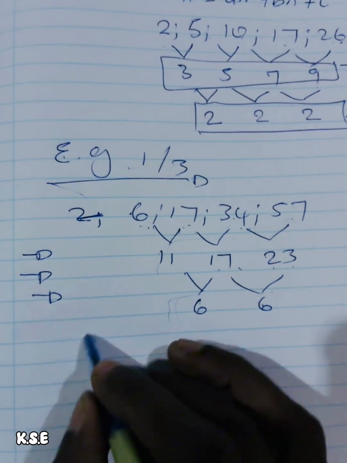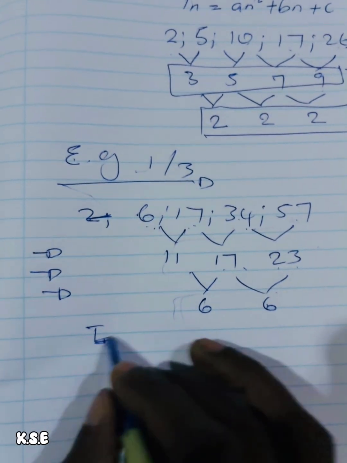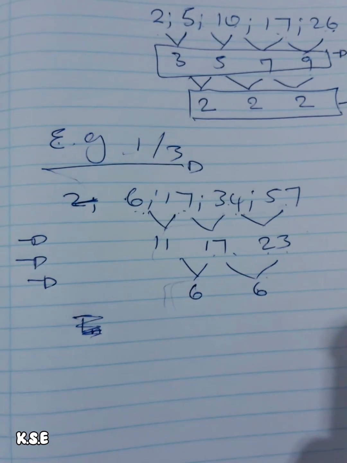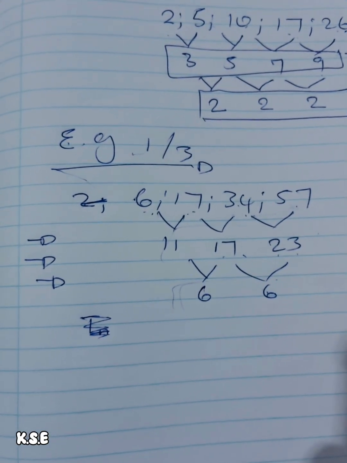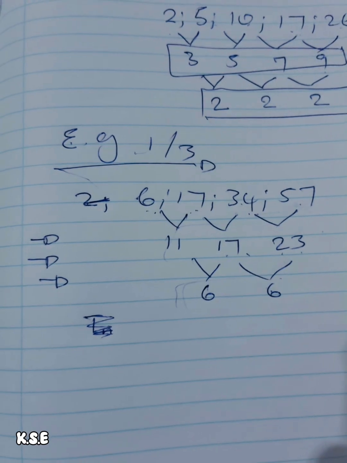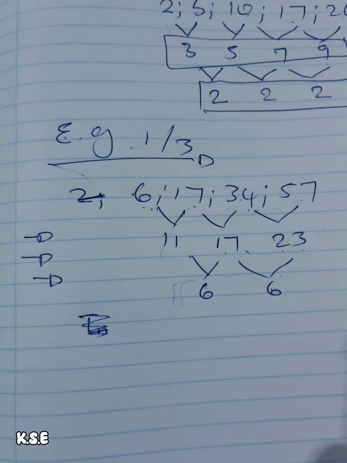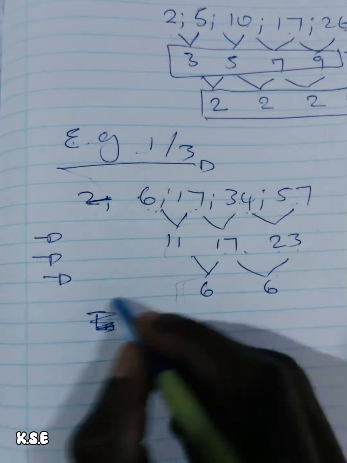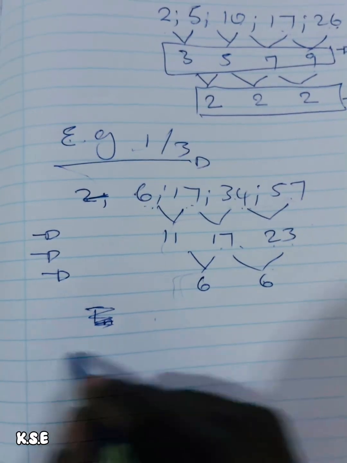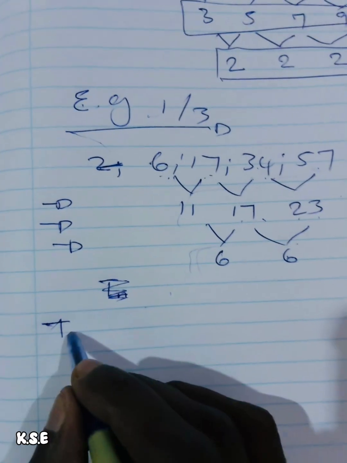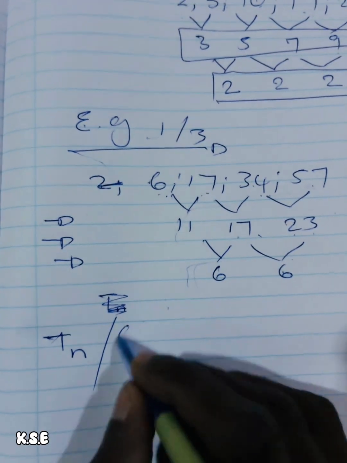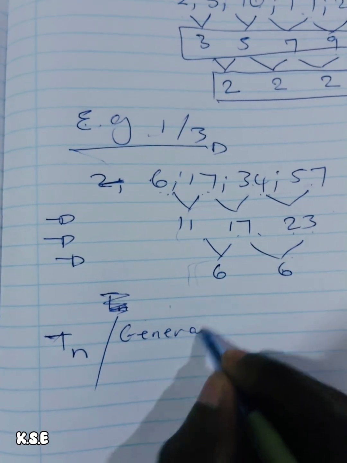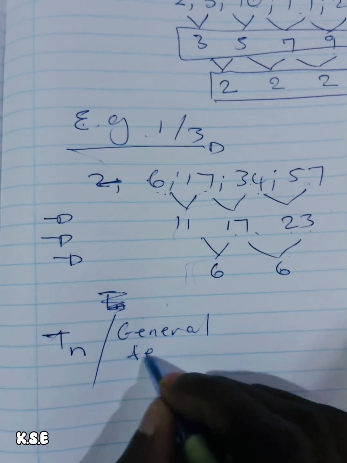Now we're going to find the nth term. This is very important, so you have to listen carefully and be sure on this one. So how do we find the nth term, or the general term?